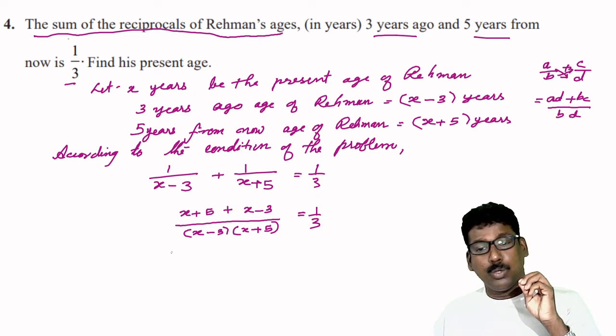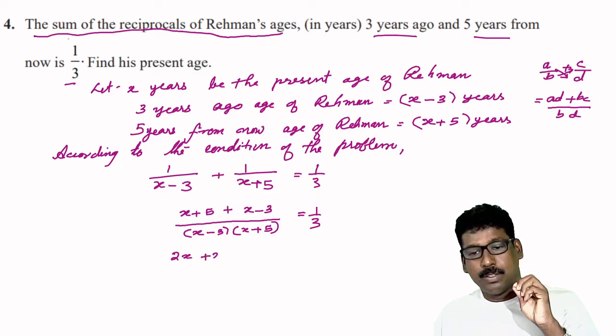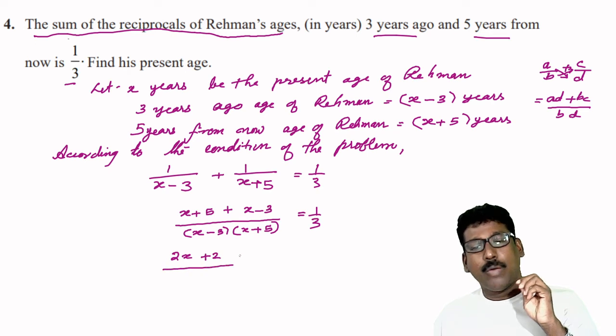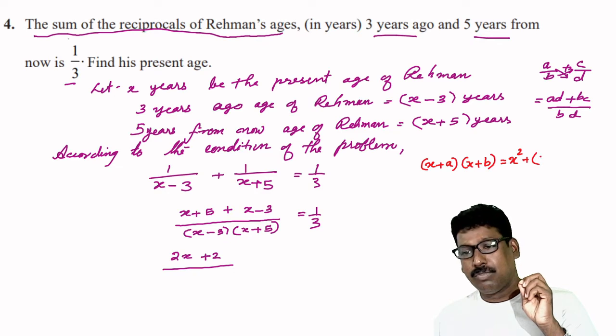Now, the numerator is x plus x, you can write it as 2x, and 5 minus 3 is plus 2, divided by x minus 3 into x plus 5. Now, that is in the form of x plus a into x plus b. What is x plus a into x plus b? First take the square of the common term, then plus the sum of the different terms a and b into x, plus the product of a and b.